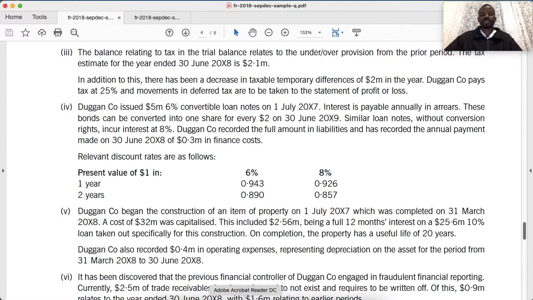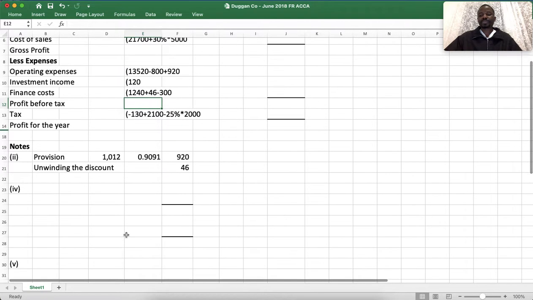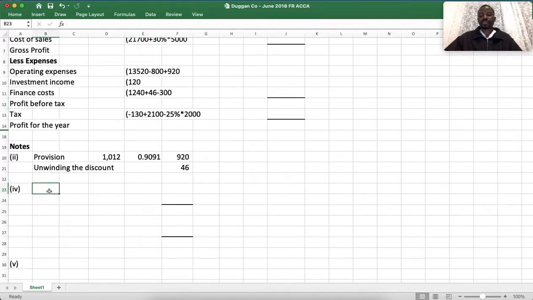Now, let's go and do the calculation. We have interest. How much is interest? Interest is 6% multiplied by 5 million, that is 5,000, like that.